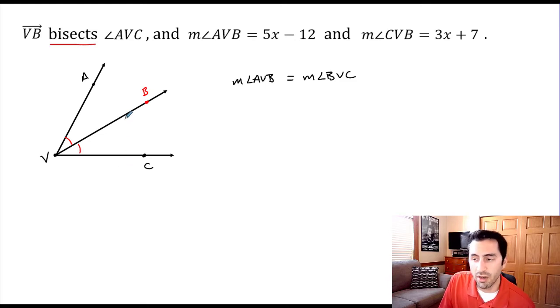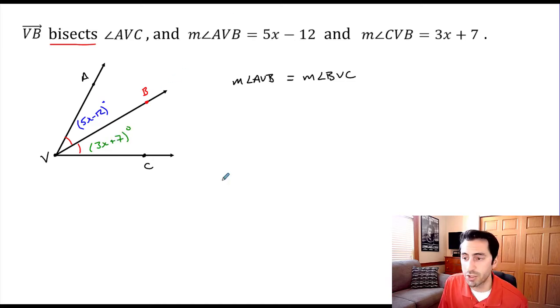All right, if we keep going on our given information, it says that the measure of angle AVB is 5x minus 12. So A to V to B is represented by 5x minus 12 degrees. And the measure of angle CVB, so from C to V to B, our other half, is represented by the expression 3x plus 7.